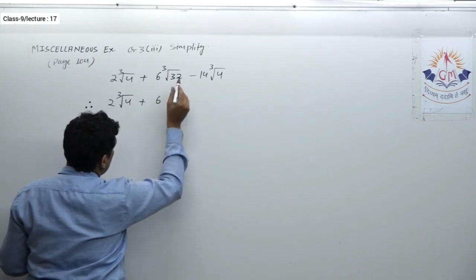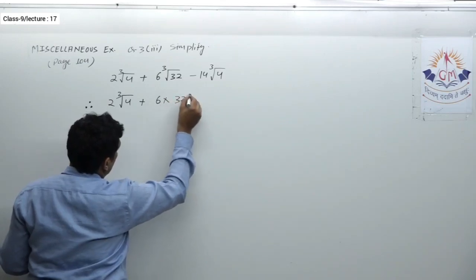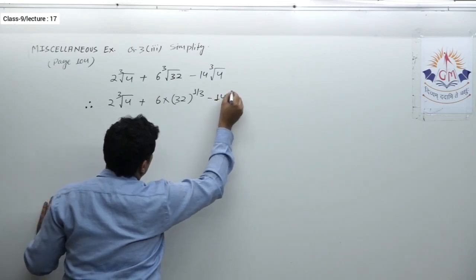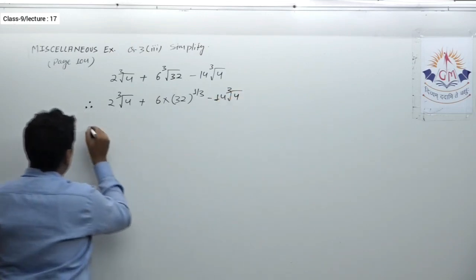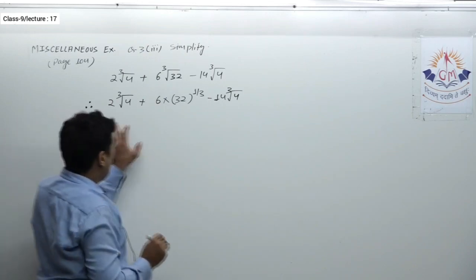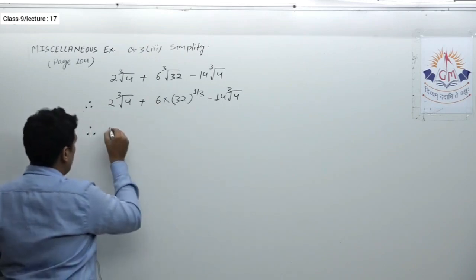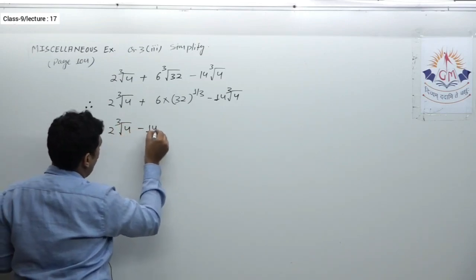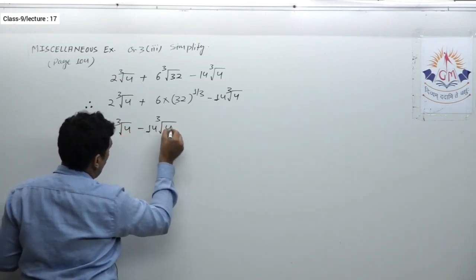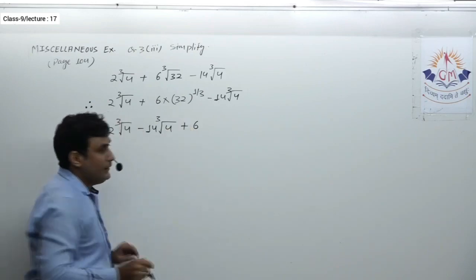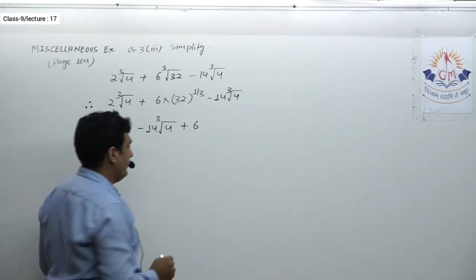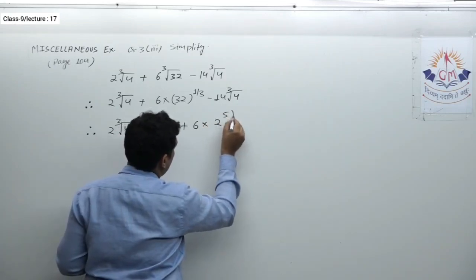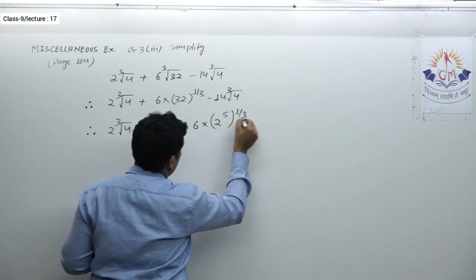After this I write the other term as it is. This is 32 raised to 1 by 3. As I told you, these two terms are like terms, so now I am writing them all together: 2 cube root of 4 minus 14 cube root of 4, plus 6 times 32 raised to 1 by 3. Now 32 is actually 2 raised to 5, so I can write 2 raised to 5, raised to 1 by 3.